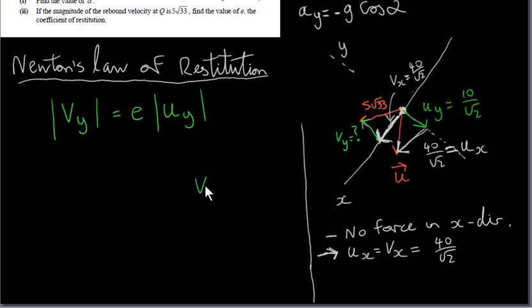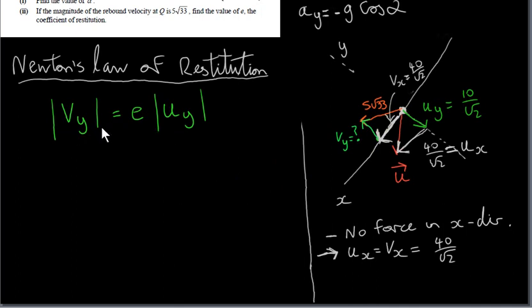So you would expect that Vy would be less than Uy, and that is indeed the case. More accurately, I should say the magnitude of Vy will be less than the magnitude of Uy, because vector Uy is actually a negative vector. It's pointing in the negative y direction, whereas Vy is a positive vector. But if we just talk about magnitudes, we will have this relation, which makes intuitive sense if you imagine something bouncing.